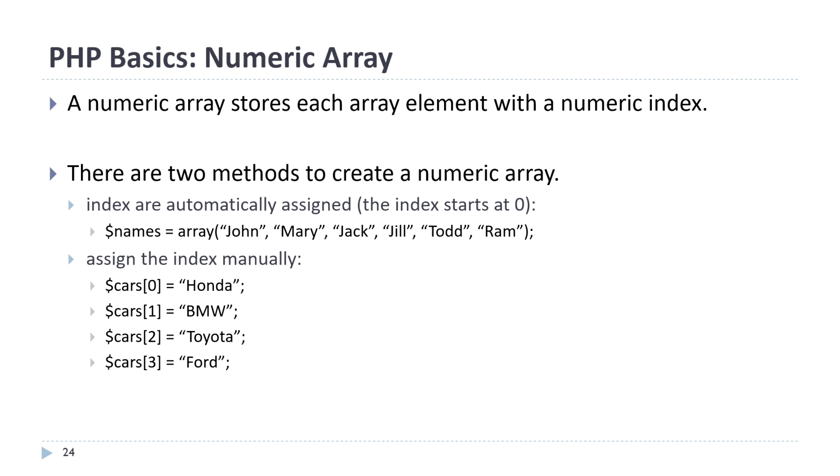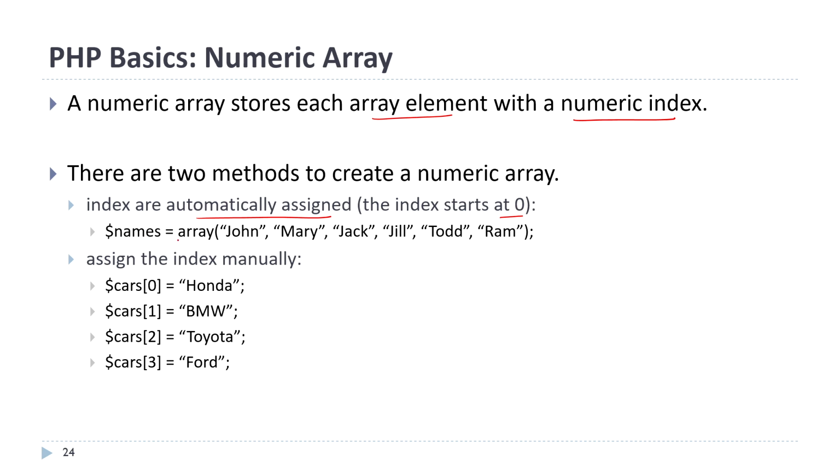So, here is an example of a numeric array. A numeric array stores each array element with a numeric index. The value does not have to be numeric, but the index is numeric. There are 2 methods to create a numeric array. In the first, indexes are automatically assigned, you don't have to give the index, it starts at 0.